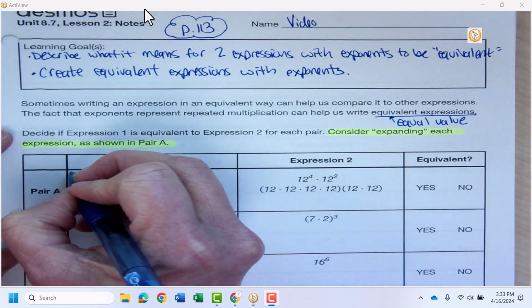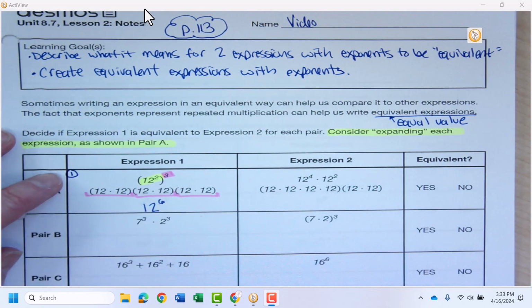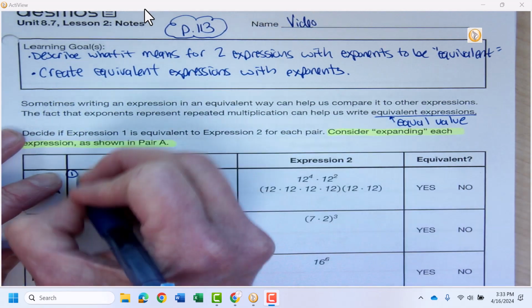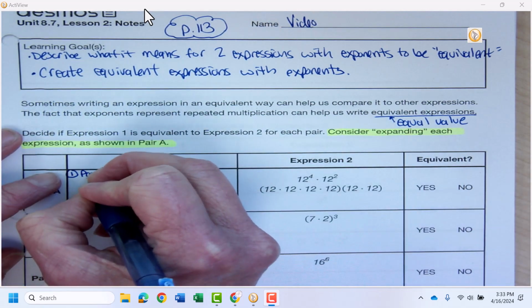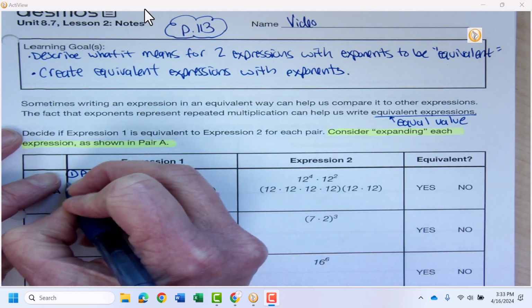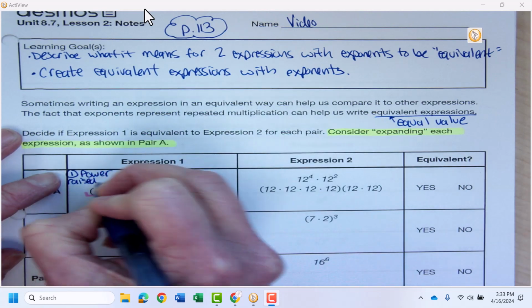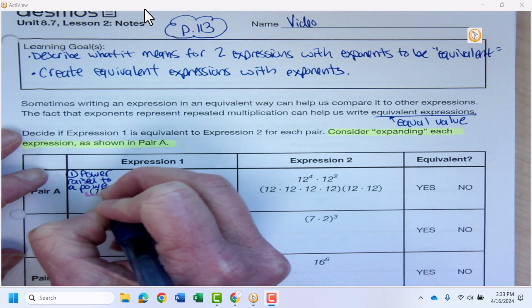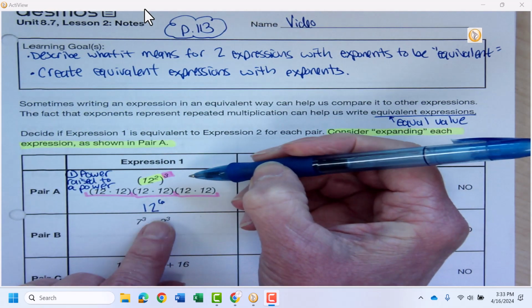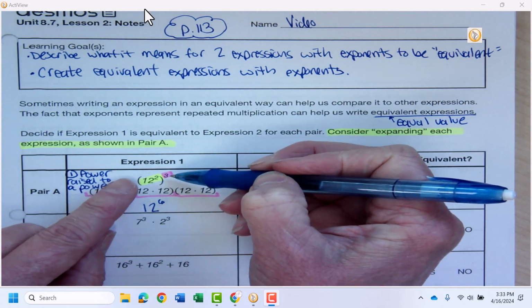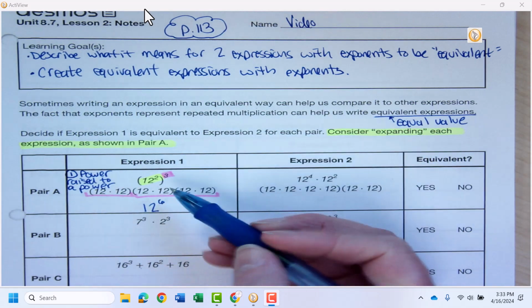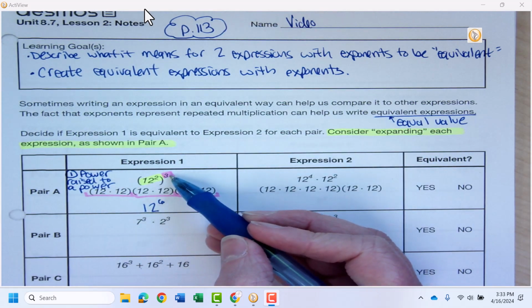And this was the first of 3 patterns that we saw in the activity today. It's when we have a power raised to another power. I'm going to write power raised to a power. And the rule for how we get from these exponents to this exponent is we're really multiplying these exponents together.